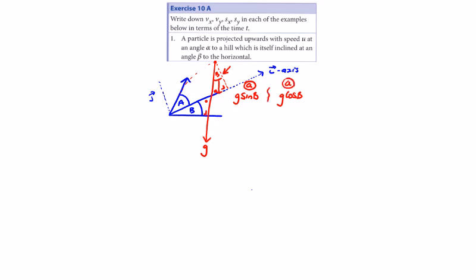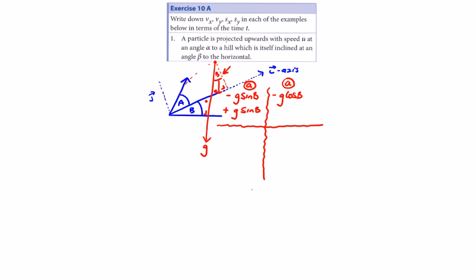Now it's important to note here that these are negative accelerations unless the particle is projected down the plane, in which case we'll have positive g sin B for the i axis or x axis, depending on which you choose to write it in.